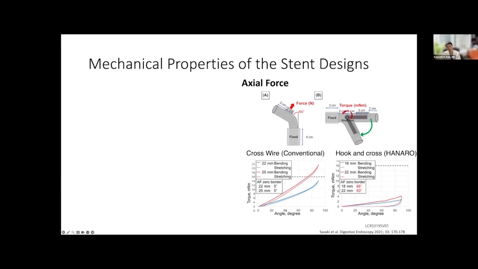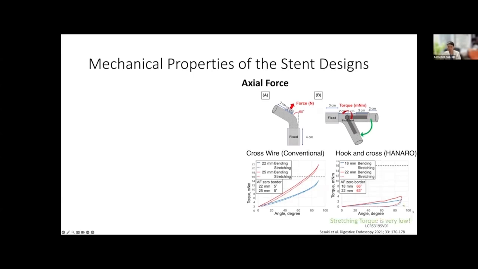So let's say, for example, at a 40-degree bend of the stent, the crosswire WallFlex exerts a torque of 6 millinewton meters versus, let's say, the hook and cross at maybe 1 point something, less than 2 for sure.